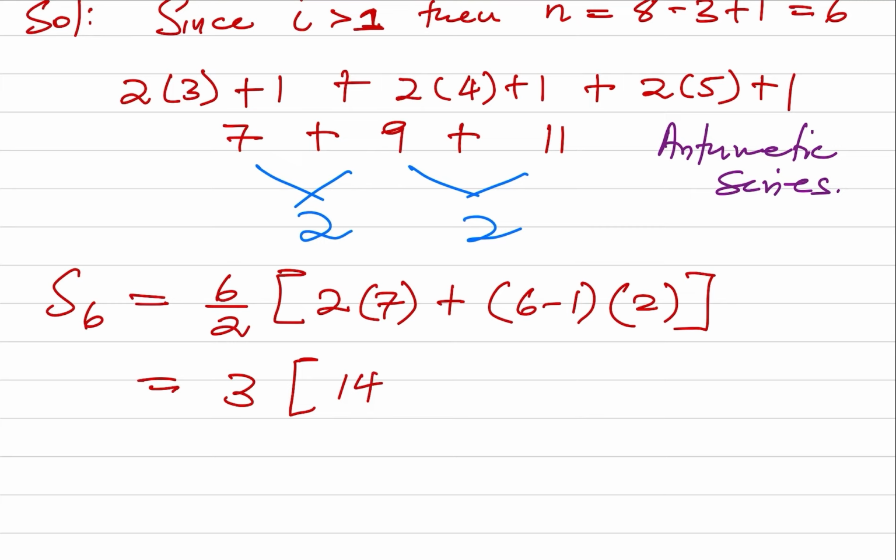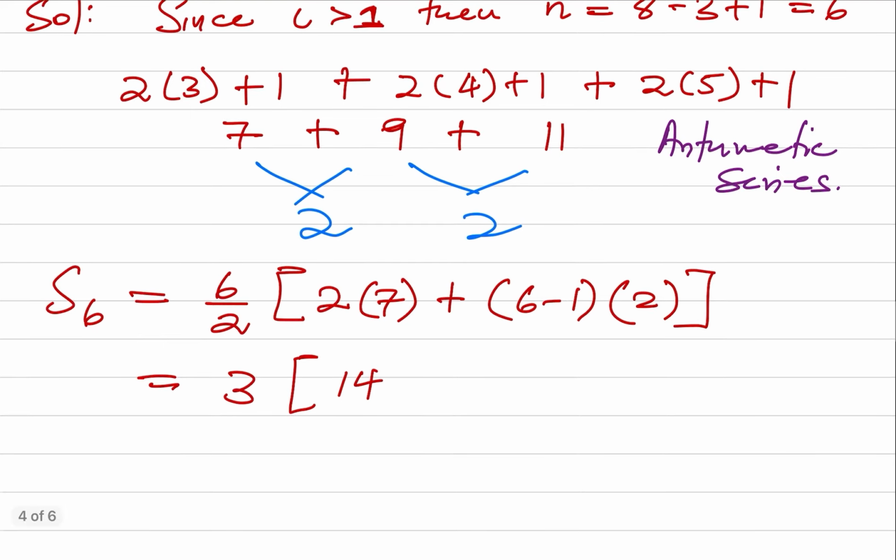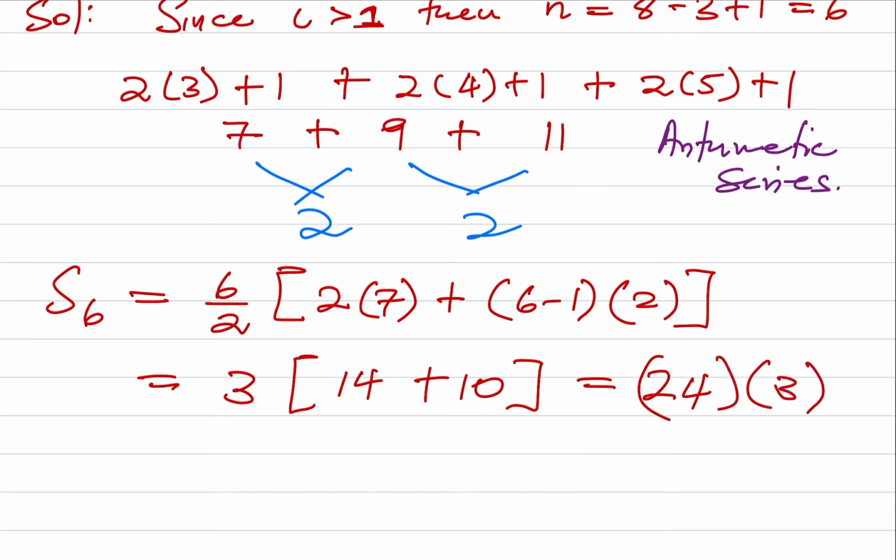Then 6 minus 1 is 5. Then 5 times 2 is 10. So it's plus 10 here. All right. So 14 plus 10 is 24. We have 24 times 3. So 24 times 3, we get 72 there. So the sum of 6 terms, we get 72 as our solution there.